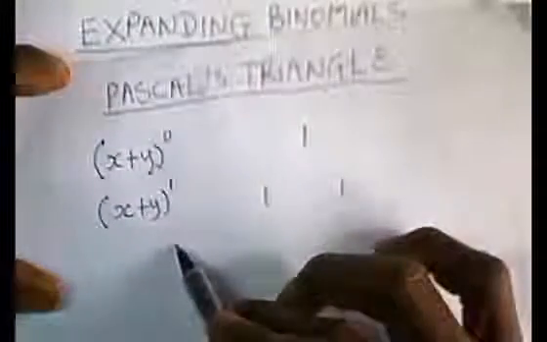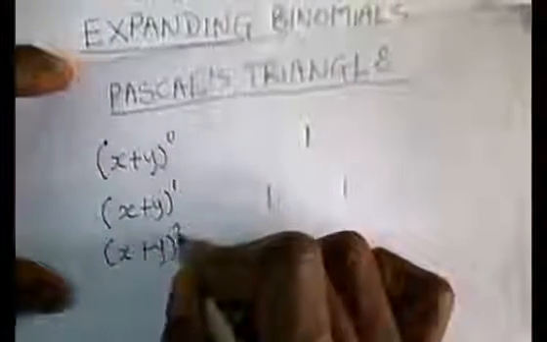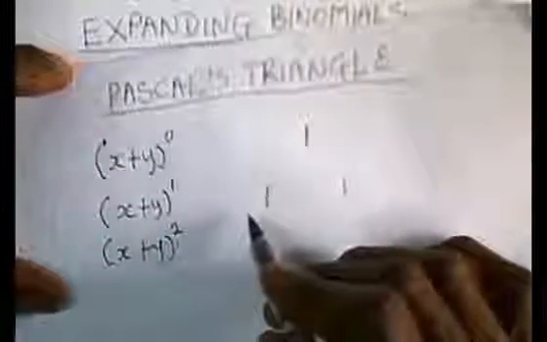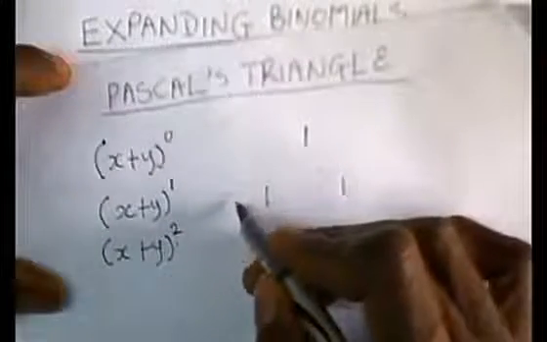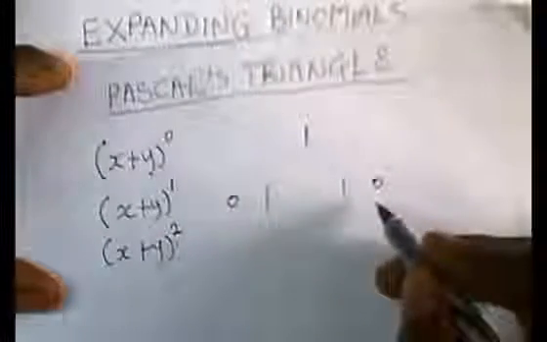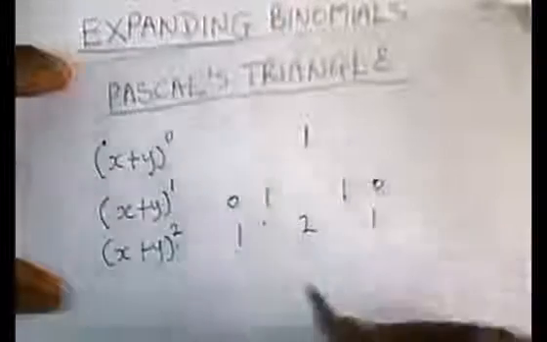To get the coefficients of the next term, (x + y)^2, all we have to do is introduce a 0 before the first number and after the last number, and then add. So 0 plus 1 gives us 1, 1 plus 1 gives us 2, and 1 plus 0 gives us 1.